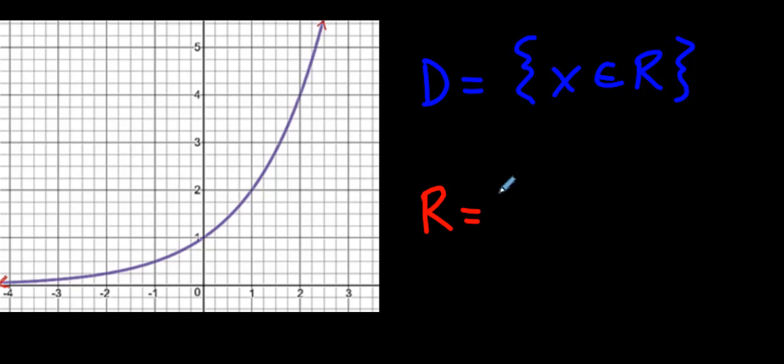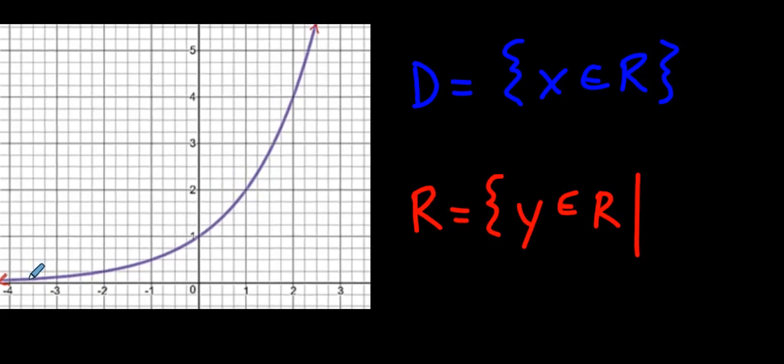Well, in this situation here, start off by writing our y is an element of the reals. However, we need to put a restriction on this. It doesn't go forever up and down. Now if you know anything about this kind of shape, it's called an exponential graph. It never quite touches the x-axis.